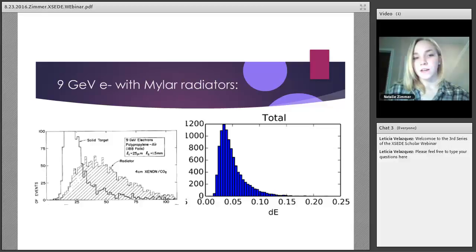This is a little flowchart of GEANT. The little dot means GEANT uses, and then whatever's below it.